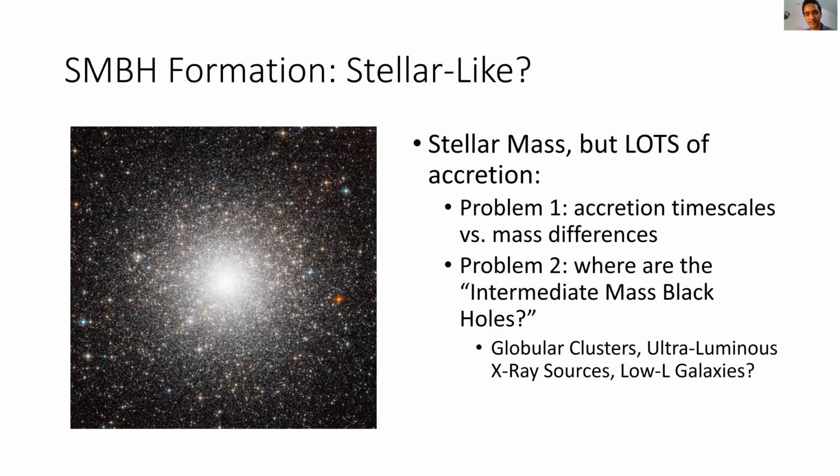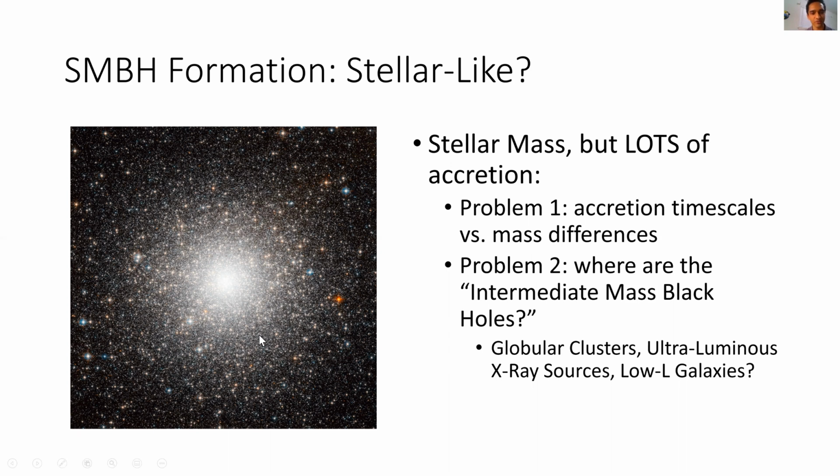One proposed solution to problem 2 is that those intermediate mass black holes are forming in really, really dense regions of stars called globular clusters, or a couple of these other regions. I can talk more about those at the end, but just know that there's a proposed solution.